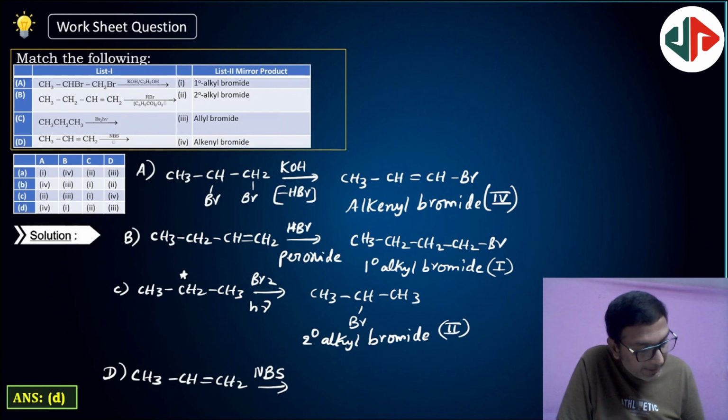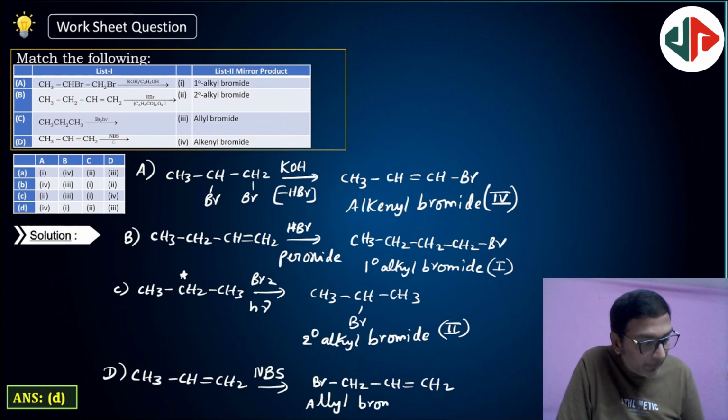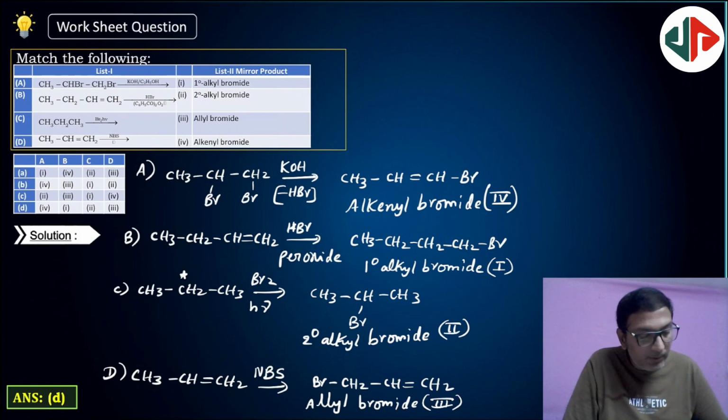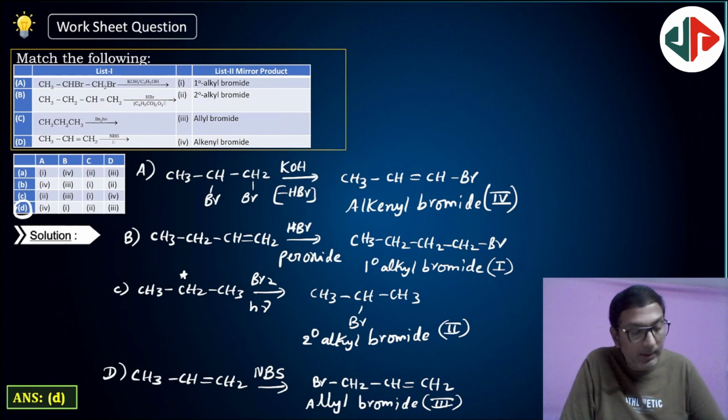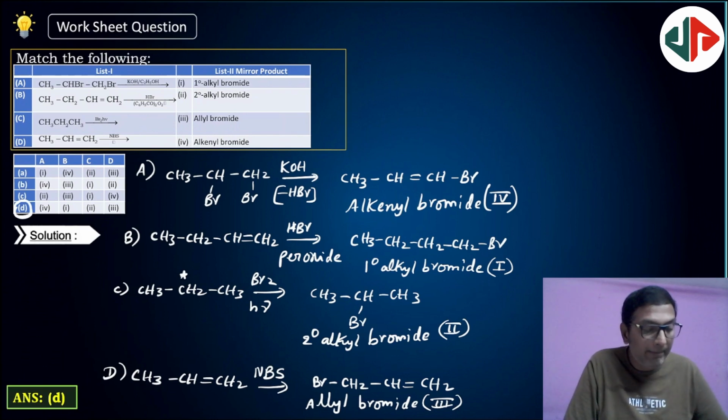That means it gives CH2Br, CH, CH2, allyl bromide, which is option 3. So here 4, 1, 2, 3. Option D.